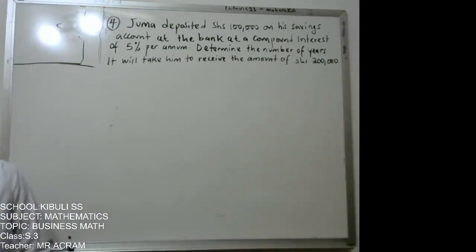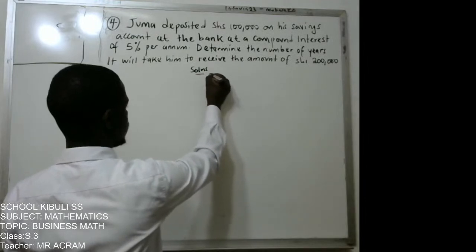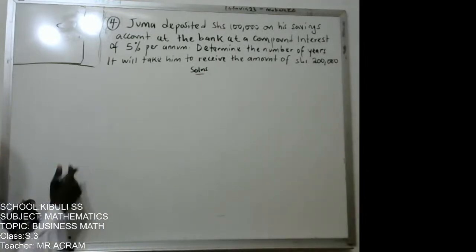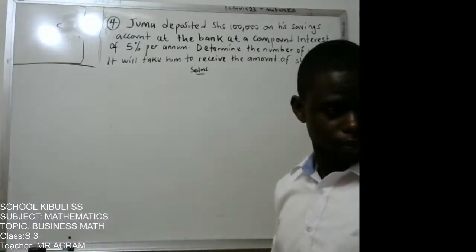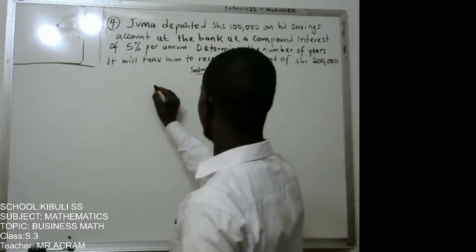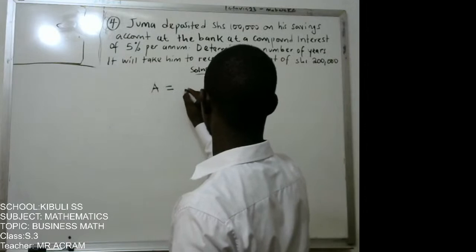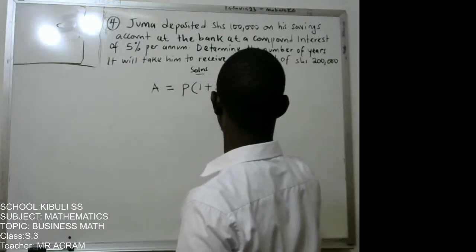We can give this a try together, step by step. Here is the solution. Please, let's do this together. What am I going to use? Amount is equaling to principal into 1 plus r over 100 power n.